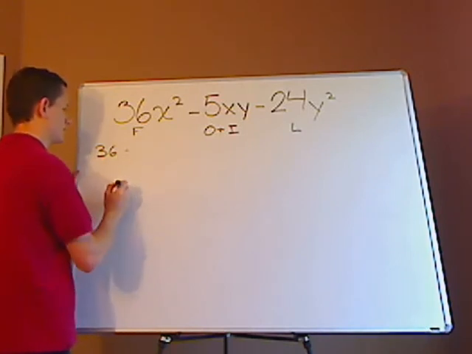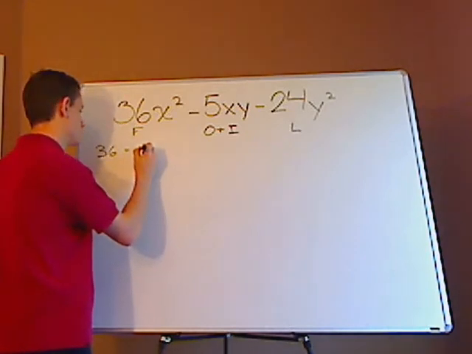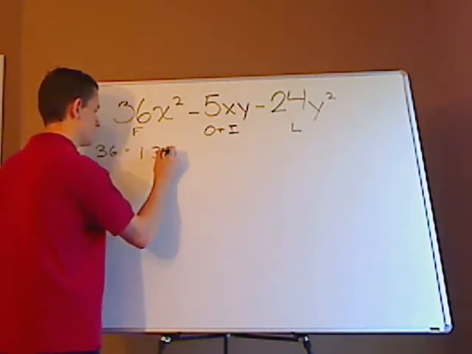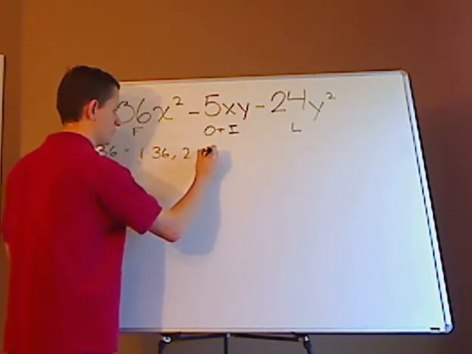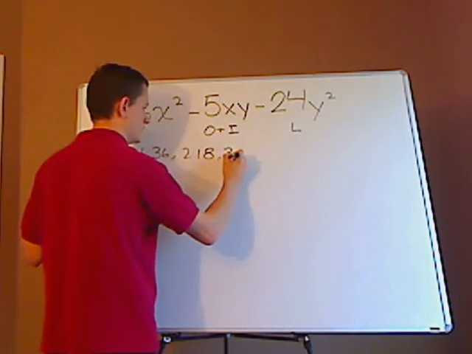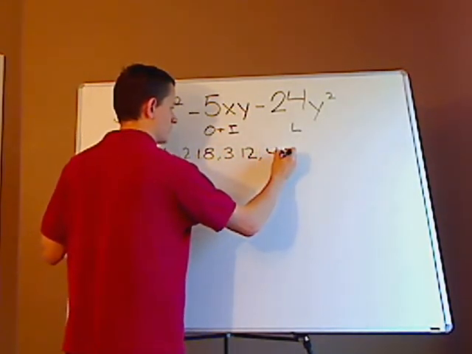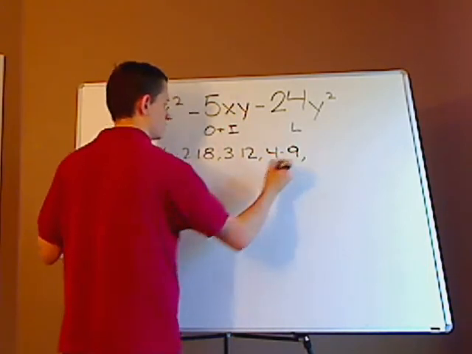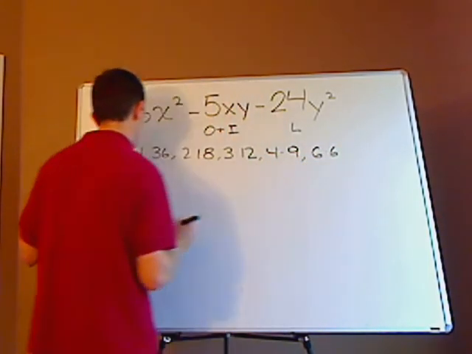You have 36, so factors of that would be 1 times 36, comma 2 times 18, 3 times 12, 4 times 9, and then you have 6 times 6.